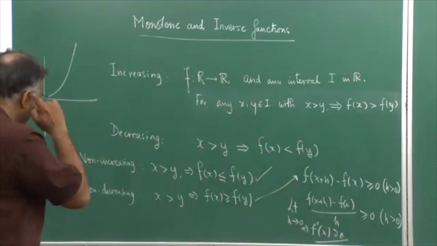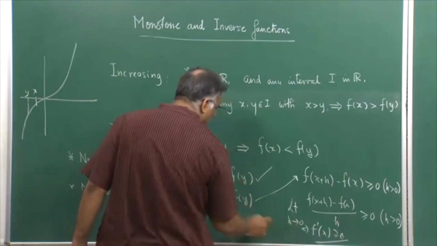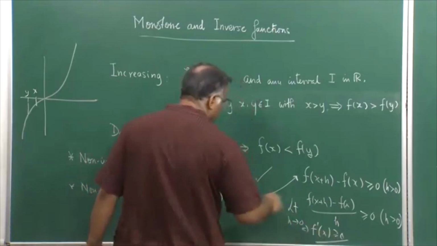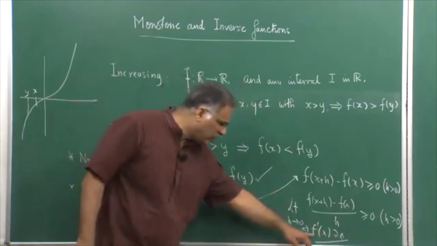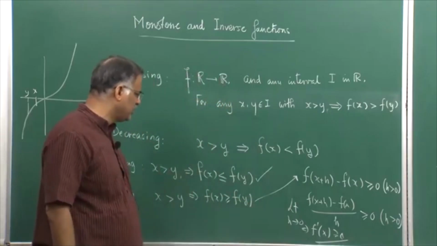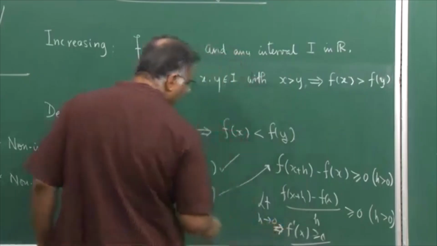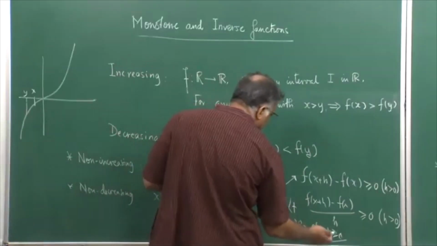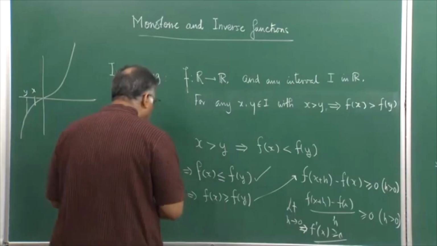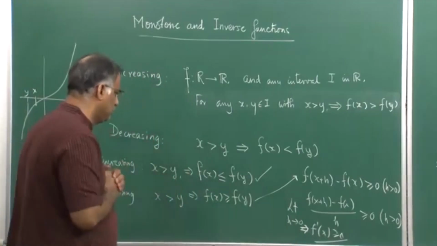So for this case the necessary condition can be implied. We might now get the idea that f dash greater than or equal to 0 might not always imply this condition.